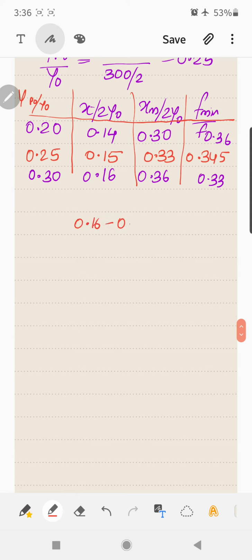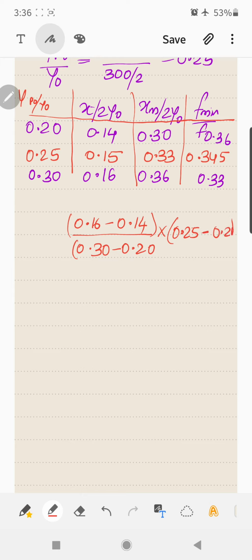0.16 minus 0.14, the difference of these two, divided by the difference of these two, 0.30 minus 0.20, into the required value. I require it for 0.25 minus the least value 0.20. The values 0.14, 0.16 are increasing, so I have to add this factor to 0.14.